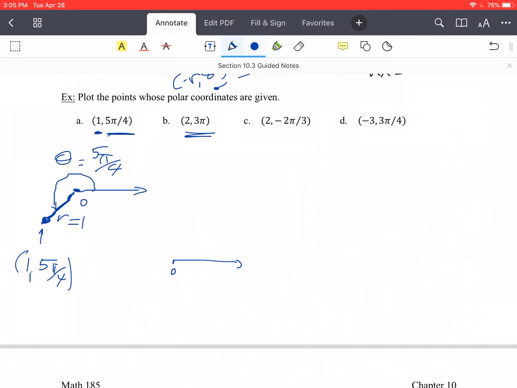Alright, so starting here, we go around, there's 1 pi, 2 pi, gets us back to where we started, and then 3 pi. Puts us right over here. And the radius value is 2, so we're going to go out 2 units. So there's 1 unit, 2 units right there. So that's our point 2 comma 3 pi.